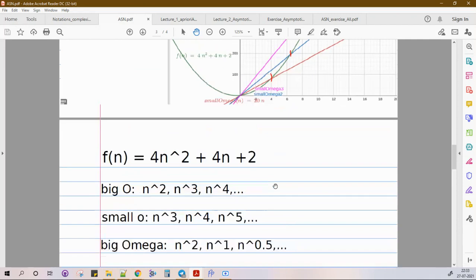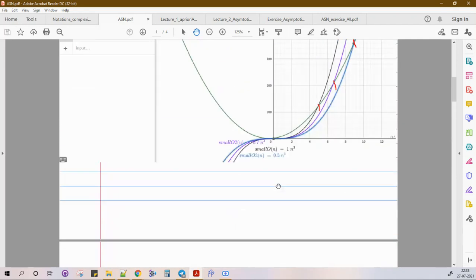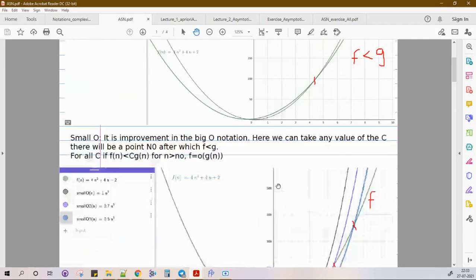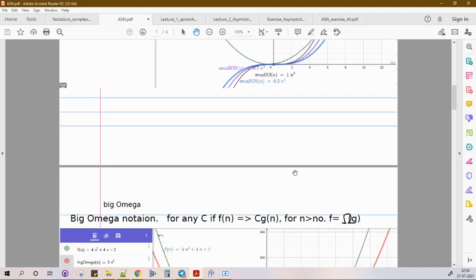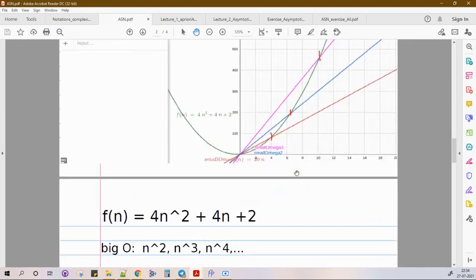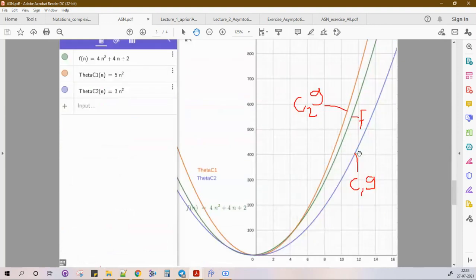And what is theta? Where is theta? Okay, so theta is nothing but, you need to take two values, C1 and C2, such that your function is tightly bound. That means upper and lower bound by G, right? So do we have that thing? Here we have.